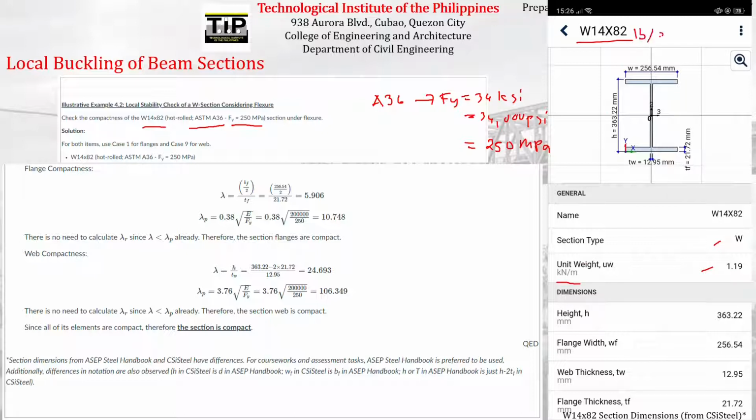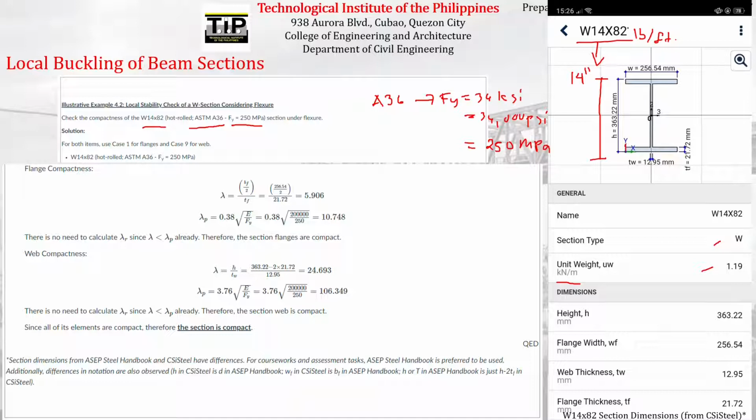So again, I suppose you already know what is the meaning of the name of a wide flange. The first digit or the first number here corresponds to the total depth of the wide flange. So it means the total depth here is equal to 14 inches or 363.22. So multiply that to 25, you can get the total depth in terms of mm.